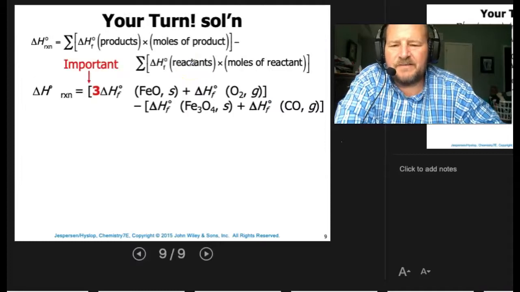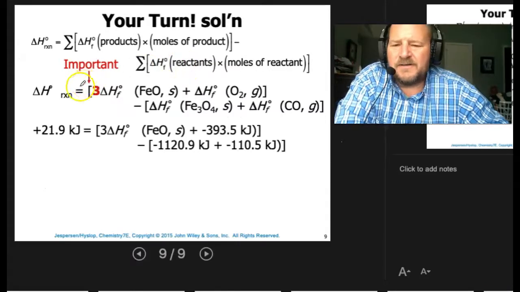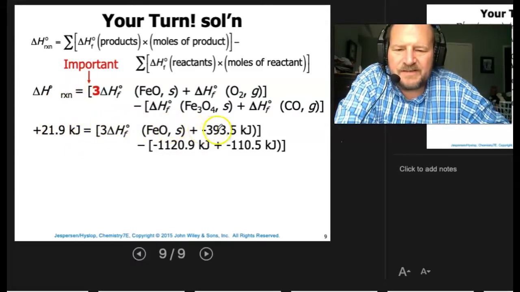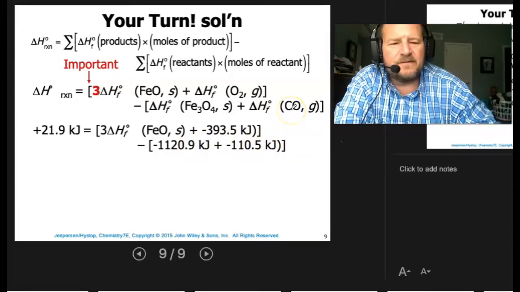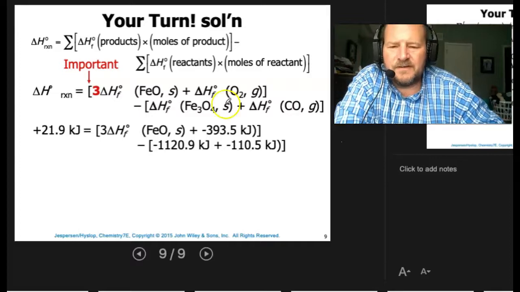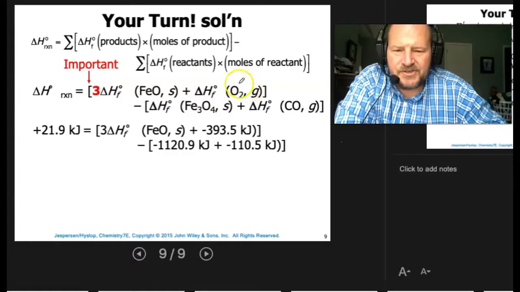Can't forget that guy. All right, so we get 21.9 kilojoules is equal to 3 times HF of the FeO plus the negative 393.5 minus the negative 1120.9 plus the negative 110.5. All right. And of course, the oxygen is gone here, right?